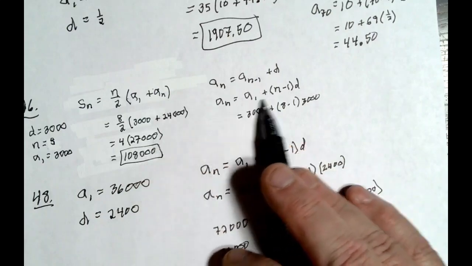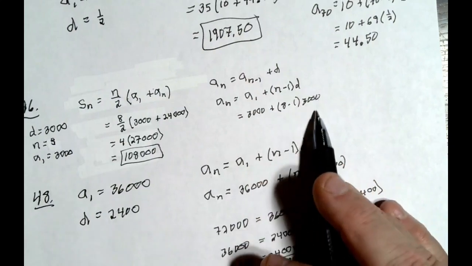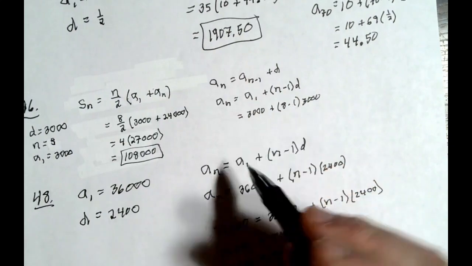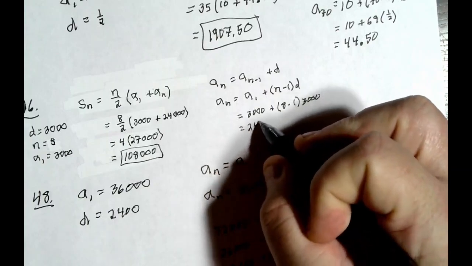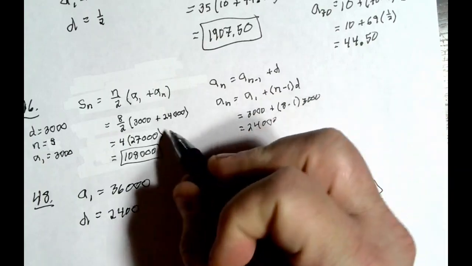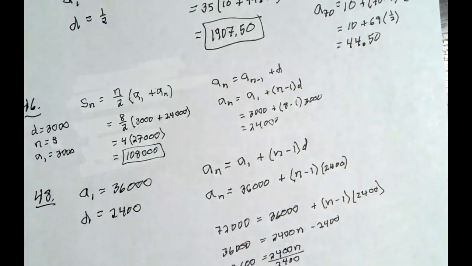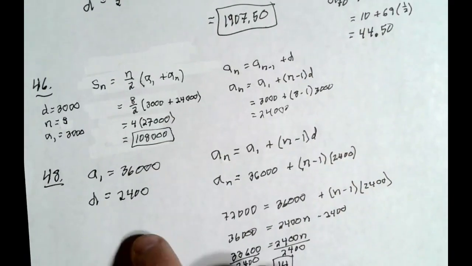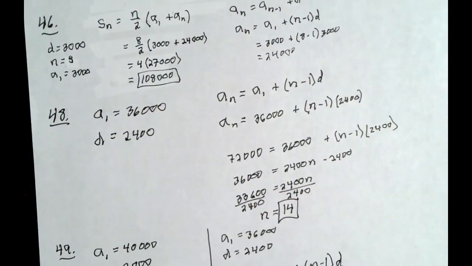The nth term we figure out by using a sub 1, n is 8, and d is 3, so we know that that equals 24,000, and that's where we get this guy from. Punch that in, and now you've got your salary is 108,000. Very nice salary there.